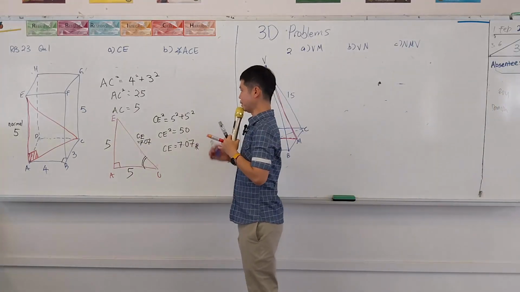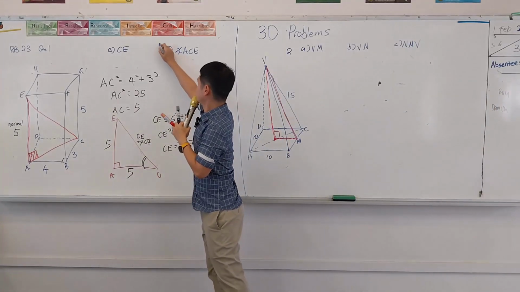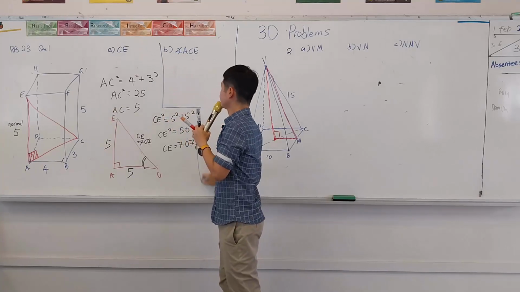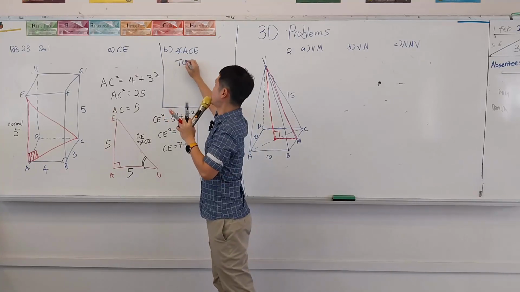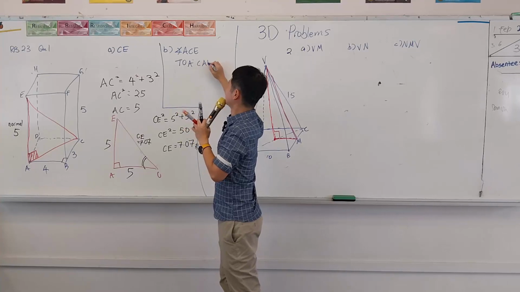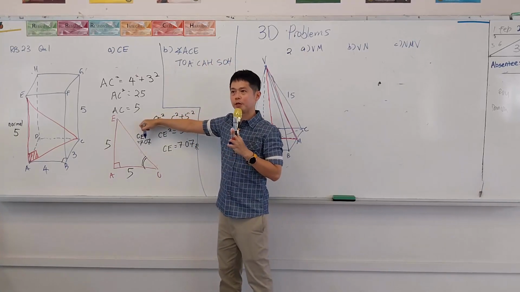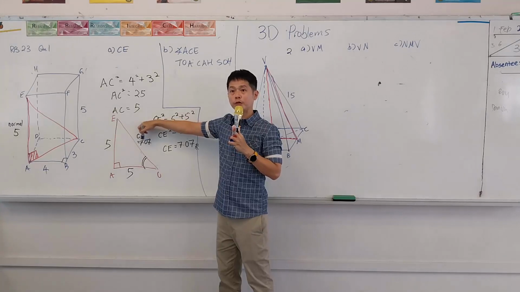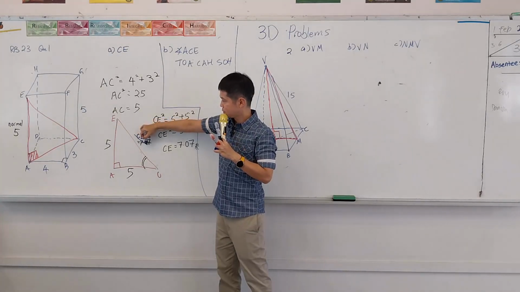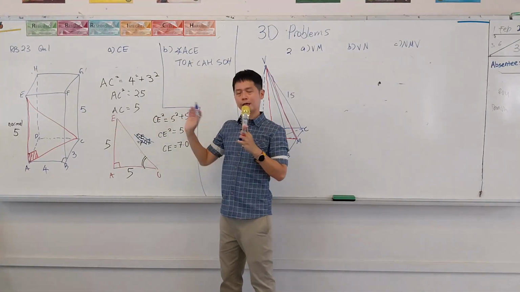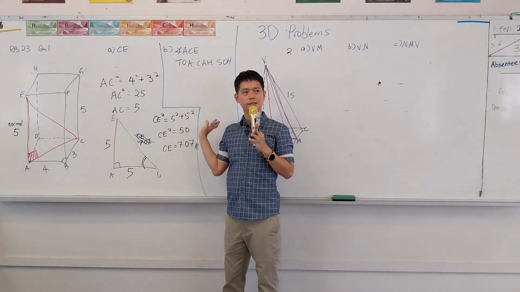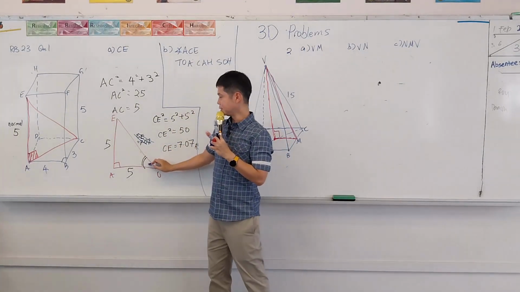I'm going to write in blue now. For part B, I will use Toa Cah Soh. I'm not going to use this length here because I found it just now. In case I found it wrongly, I still want to get the marks. So this is the angle.